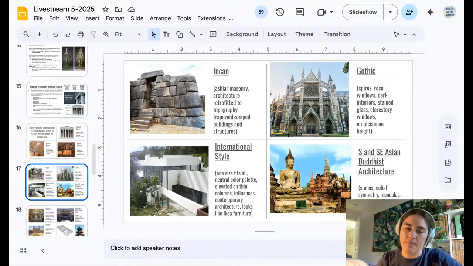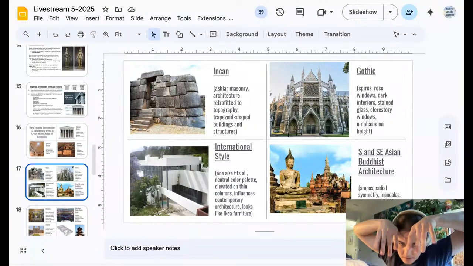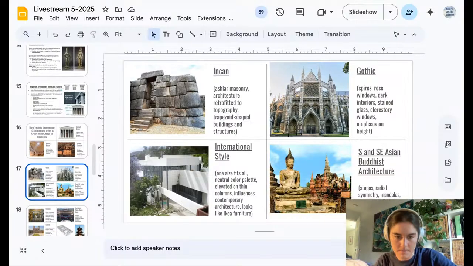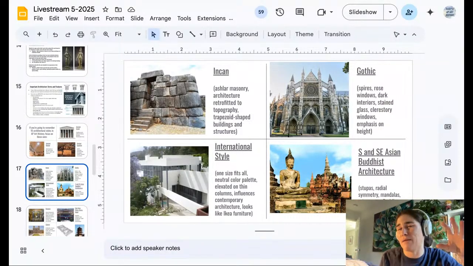I like to call them the baby octopus and the giant squid because they have these little leggy columns supporting a main body. They are meant to be this very IKEA furniture-esque sort of structure where it's meant to be one size fits all. They're not very personal. They're not very sentimental. And they tend to be very monochromatic in terms of their presentation. Lots of black, white, and gray, lots of geometric shapes and forms, right?